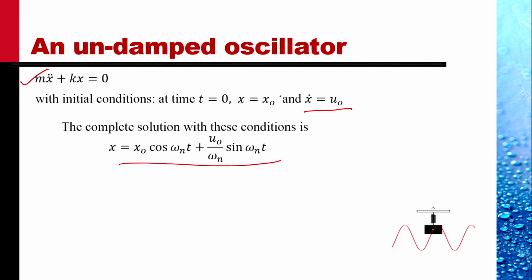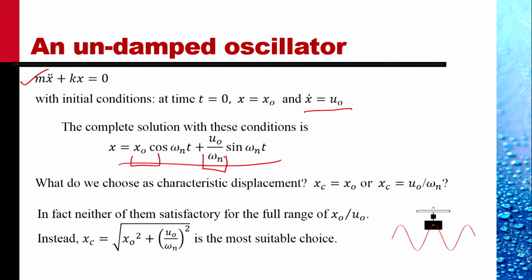Now if we normalize this equation, what is the characteristic value of x that we choose? Do we choose this, x naught, or do we choose this? In fact, neither of them is satisfactory for the full range of x naught and u naught.